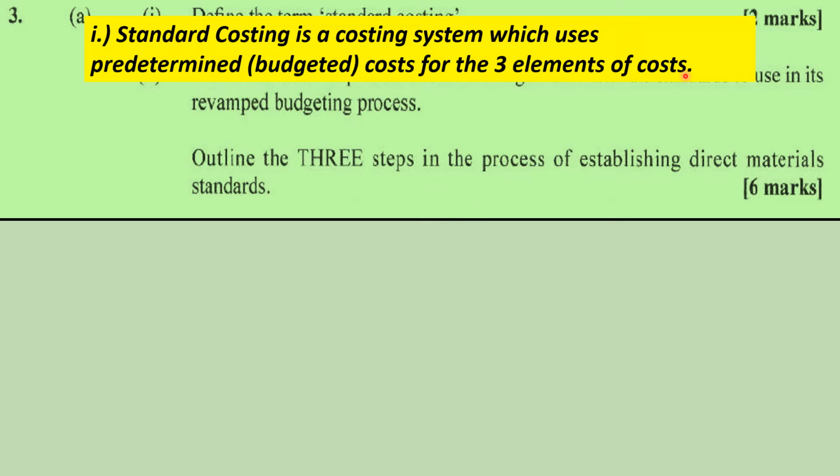The 3 elements of cost we know to be raw materials, direct labor, and overheads. So when you set standard costs, or you determine the cost of these elements before you begin to produce, that is called a standard costing system.